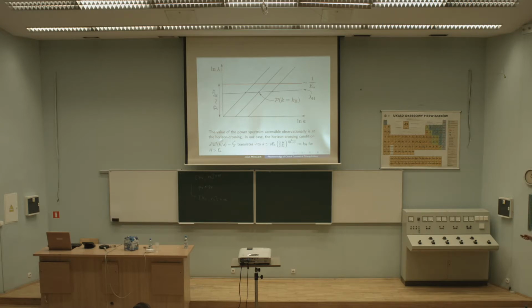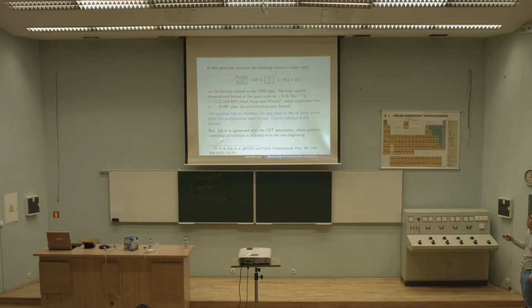So then the condition of the horizon crossing, at which the evolution of perturbations changes qualitatively, is given by this equality of these two contributions to the equation for modes. And then what you will find, firstly, you can study what is the tensor to scalar ratio, good.